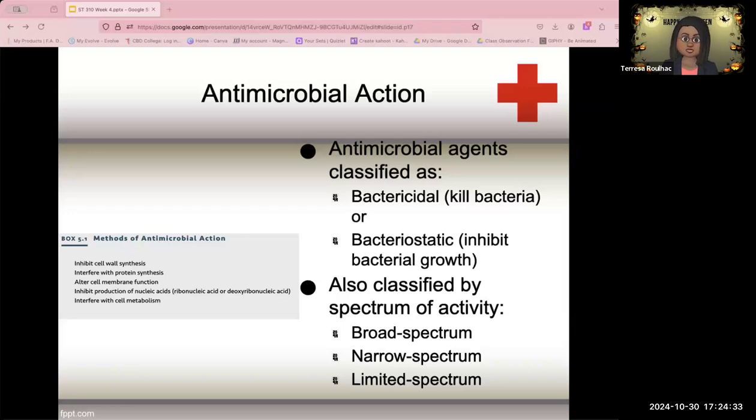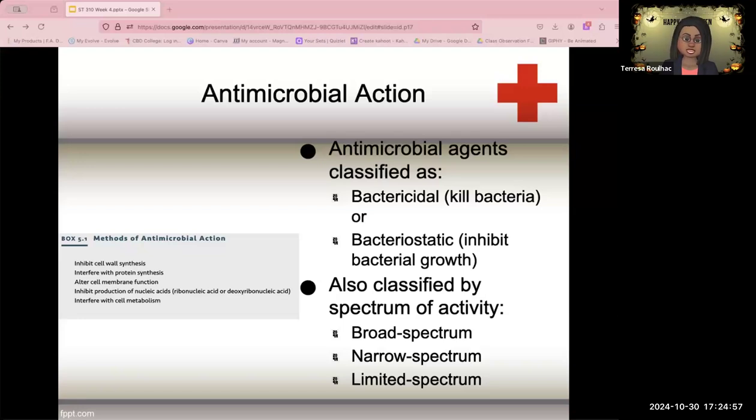But there's also limited spectrum antibiotics. These have an even narrower range of activity, targeting a specific subgroup of bacteria. So Bactrim or bacitracin, this is one that we use almost every case in orthopedics, where we will use staples and then we'll use bacitracin.